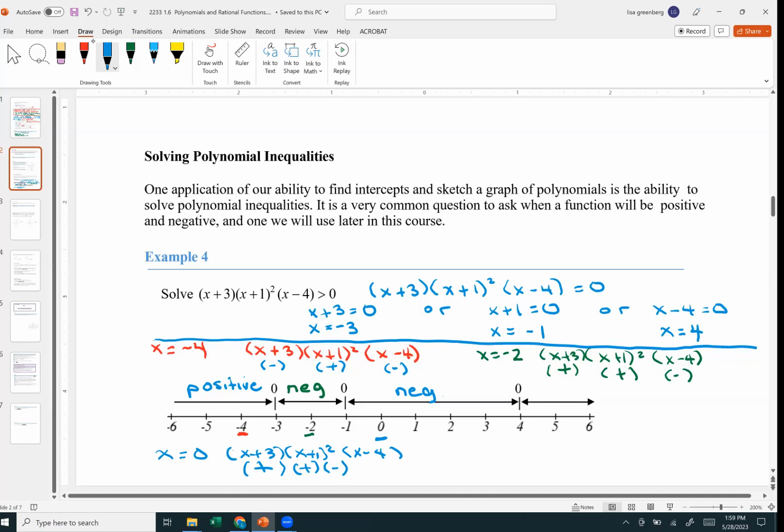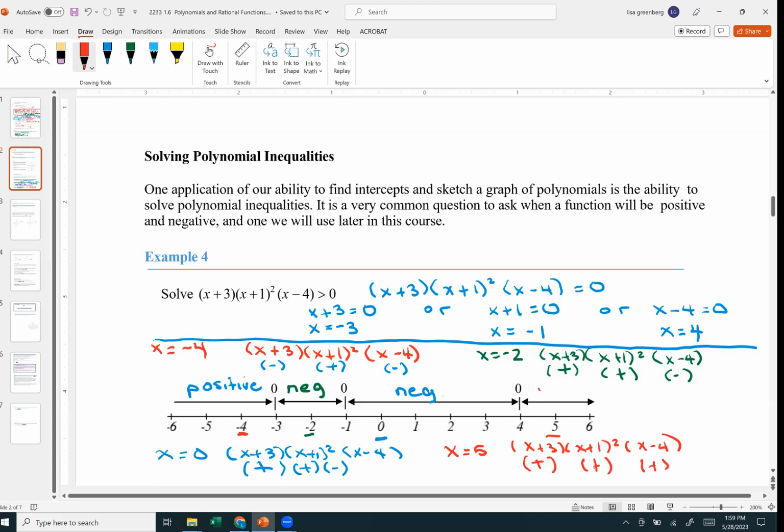And last, let's pick 5. So when x equals 5, we have x plus 3, x plus 1 squared, and x minus 4. Well, this is a positive. This is always positive. And now this is positive.